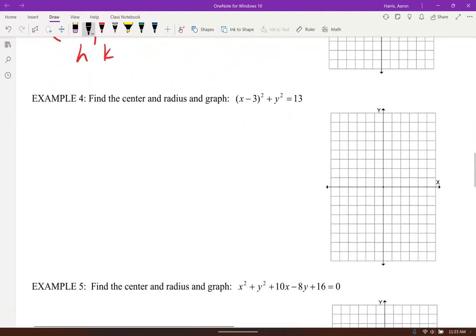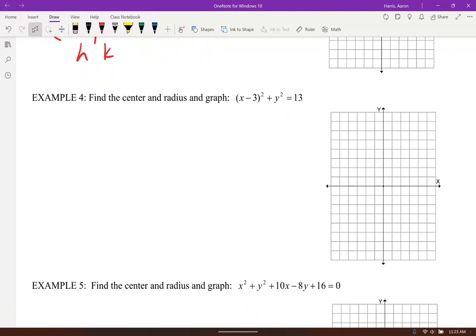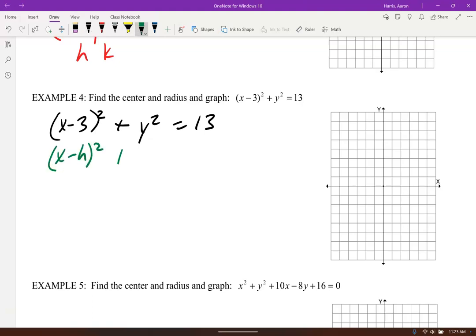All right, let's try one more before we take a look at a kind of crazy one with example 5. So example 4 here, x minus 3 squared plus y squared equals 13. Let me go ahead and write the standard form below it. x minus h squared plus y minus k squared equals r squared. And let's go ahead on this one.